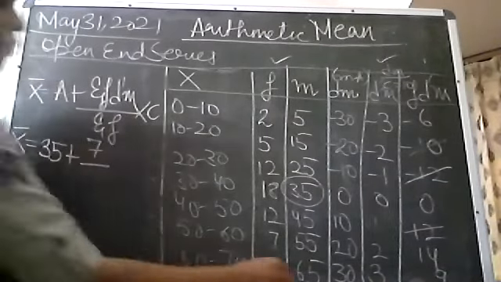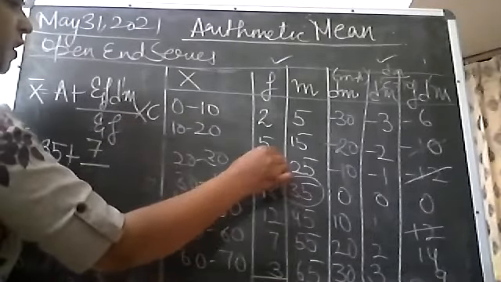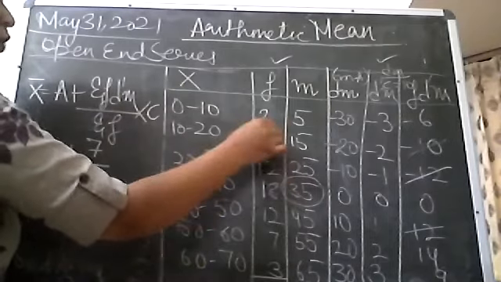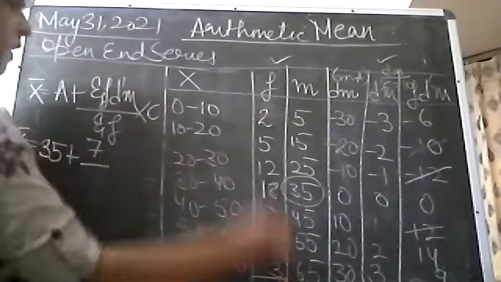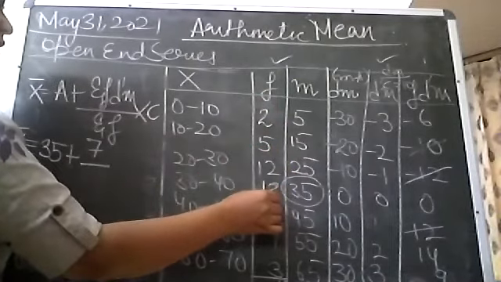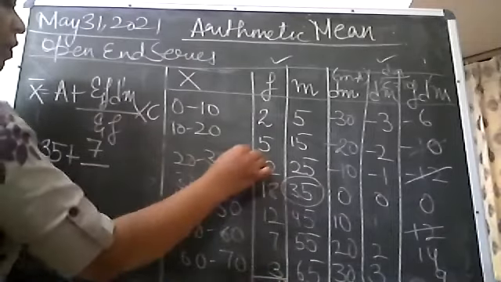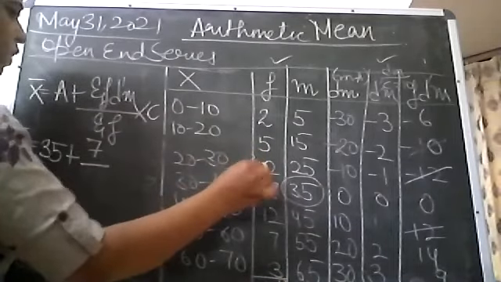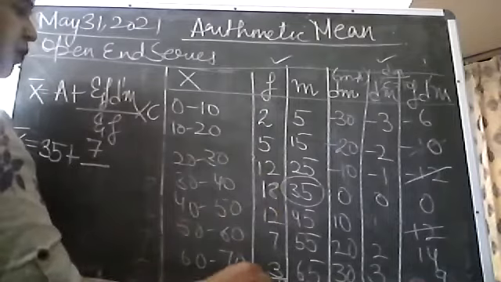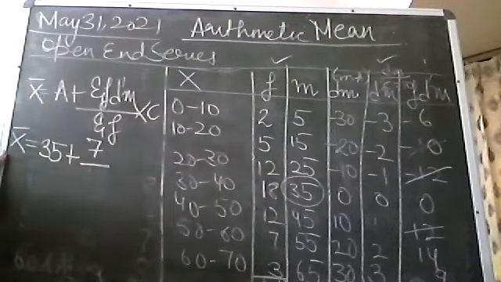Summation f, total ले लो बेटे, इसका कितना है 10, 12, 20, 22, 27, 29, ठीक है। According to me, it comes out to be 59.